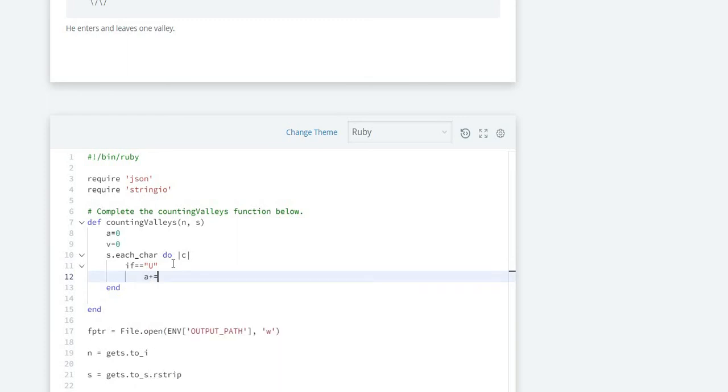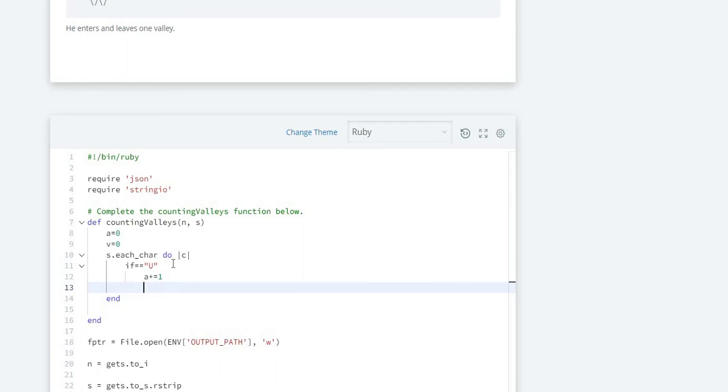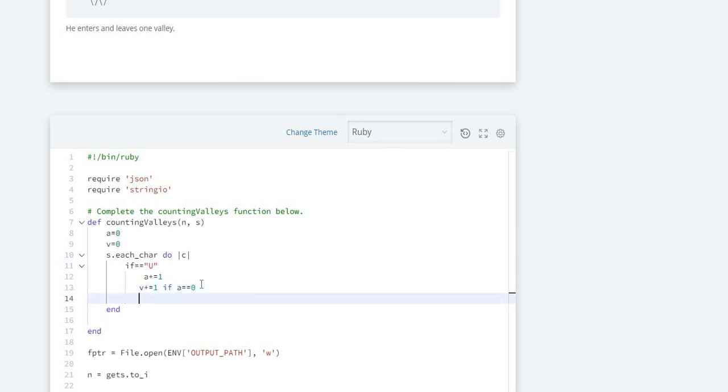In this case, we will increment our altitude by 1 unit. And if we reach 0 after incrementing it, this means that we completed 1 valley. So we will increment our valley counter in this case.